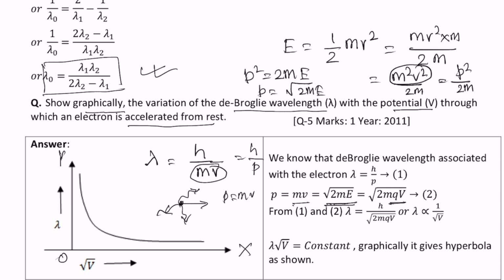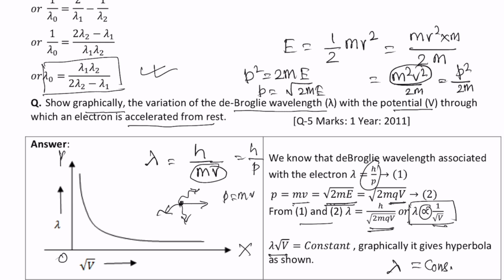So lambda is equal to h by p, and in place of p we can write this. So the wavelength is inversely proportional to the square root of the potential applied. In order to replace this proportionality sign, we need a constant.